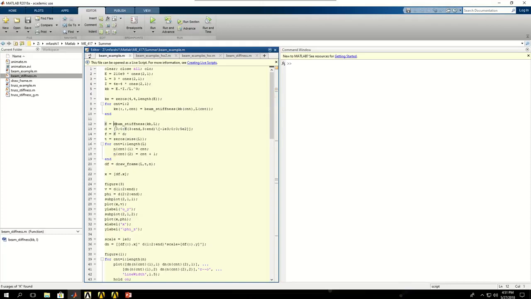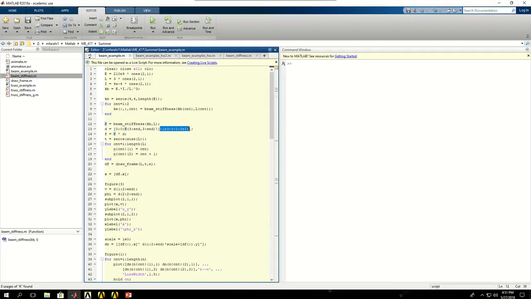Then I'm using the same function file to get the global stiffness matrix for the beam that I'm solving. And here I'm finding the displacements using the stiffness matrix that I found from the function file and the forces that I applied to it.